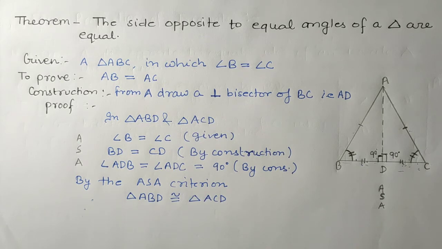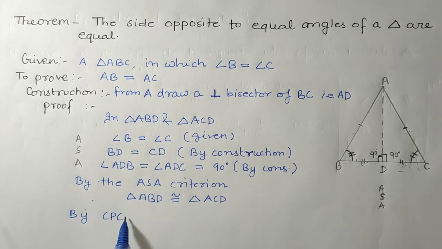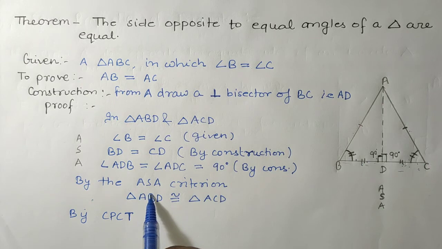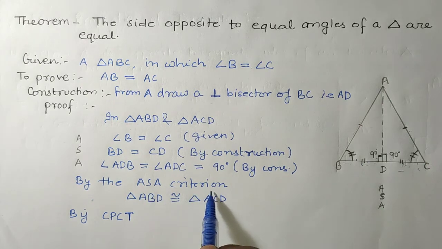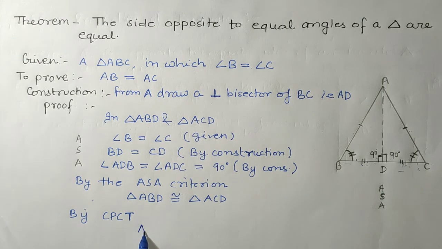Congruent means all their corresponding parts should be equal. So if all the corresponding parts are equal, then by CPCT, corresponding parts of congruent triangles, we can say the part AB of this triangle is equal to the part AC of this triangle.